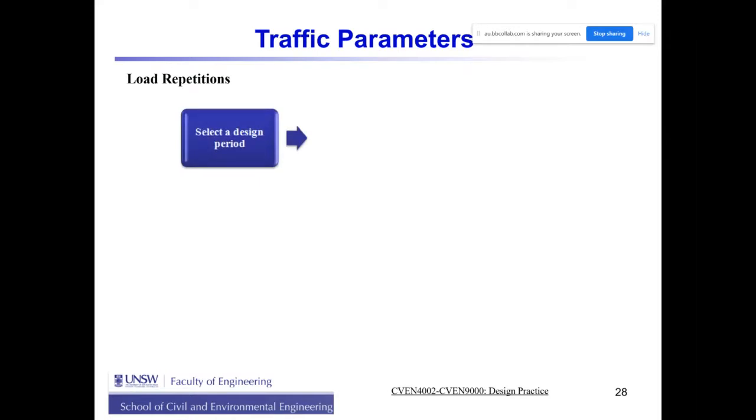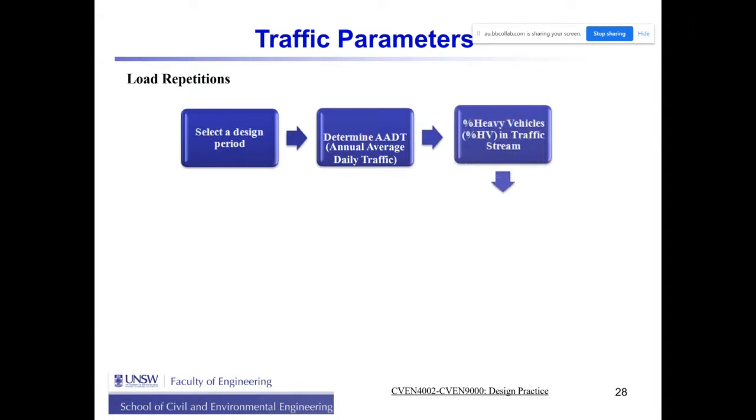So about the load repetition, for determination of this NDT, this is the procedure. First, we need to select a design period, the design life of the project. For example, it is 20 years, 30 years, 40 years. Then we need to determine the annual average daily traffic. After that, the percentage of heavy vehicles, because the important thing is the percentage of heavy vehicles.